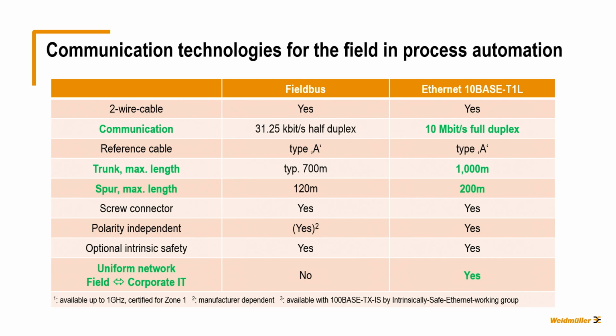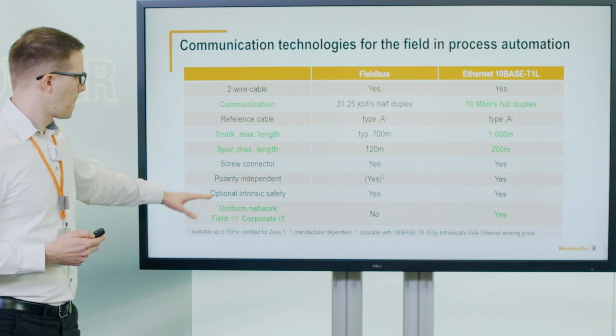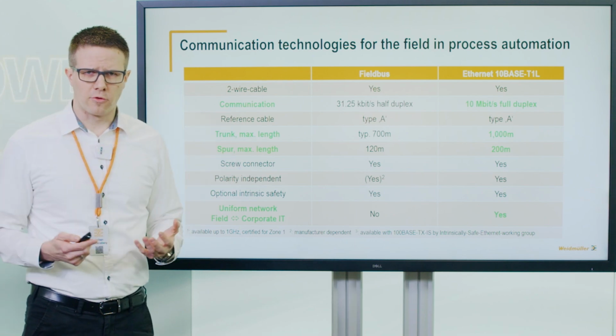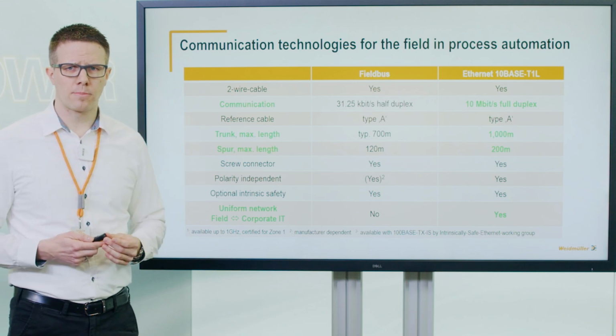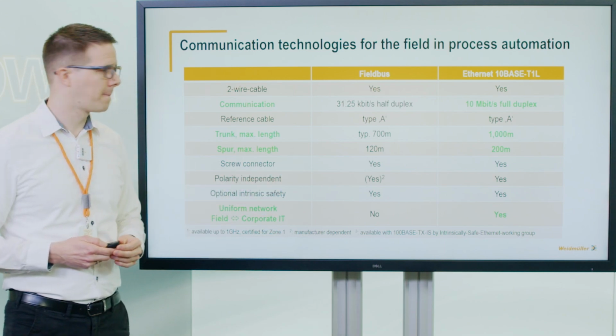But also the cable length, we can reach up to 1000 meter with this still very high speed with Ethernet-APL. And a very important difference we see in the uniform networks. So a field bus system, we always need this kind of conversion from one signal to another. So it's not a uniform network, but for Ethernet-APL and SPE, it is.